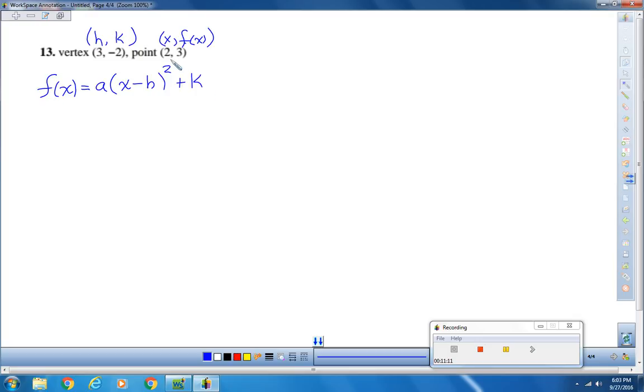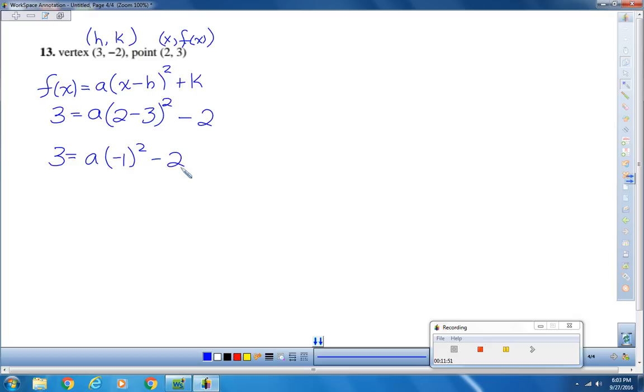F of x is 3, so 3 is equal to a, which we don't know, x, which is 2, minus h, which is 3, squared, plus k, and k being a negative here, we can write it as minus 2. If you want to write plus a negative 2, that's fine. That's the same thing. I'm going to simplify what's in parentheses. 3 is equal to a times a negative 1 squared minus 2.